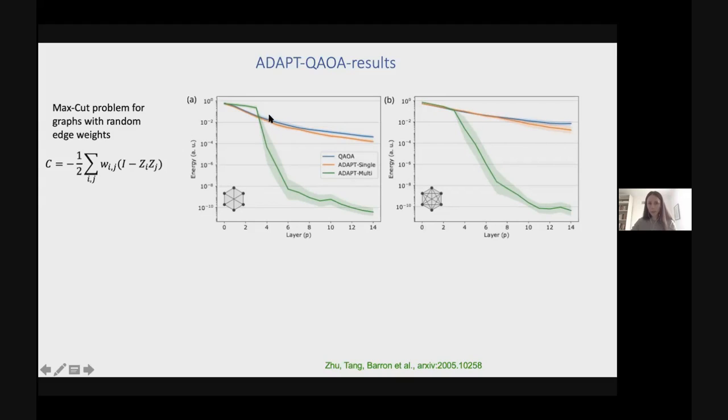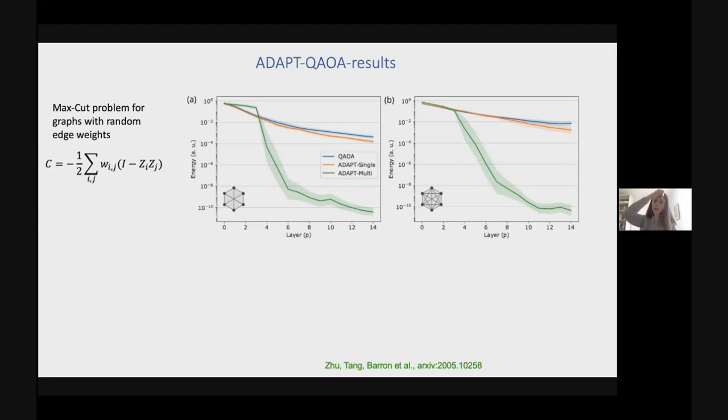And what we compared is the original QAOA ansatz, which is the blue curve, to the ADAPT QAOA, which is our approach, with either only single qubit gates, so different single qubit gates than the original QAOA, and also here allowing entangling gates inside our mixer pool. And you see that ADAPT with entangling gates performs much better and converges to the ground state energy much faster compared to either one of the 2 approaches, consistently in these 2 cases and for other problems we've tried.